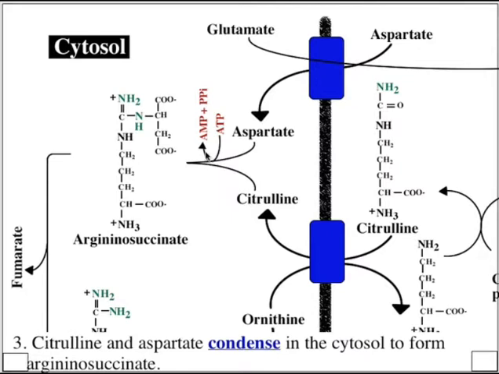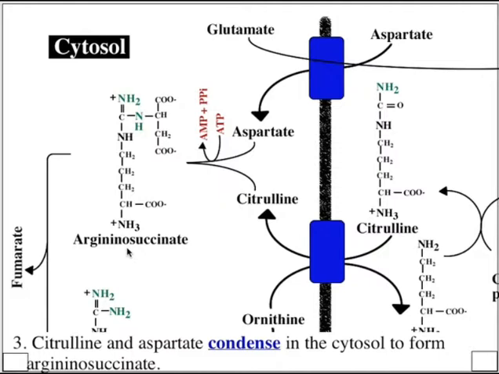But wait a minute, it's more like consuming what? Notice it goes to AMP plus pyrophosphate, which this pyrophosphate likely goes to 2 inorganic phosphates. It's more like consuming 2 ATP to power the formation of this next monster of a molecule called argininosuccinate.